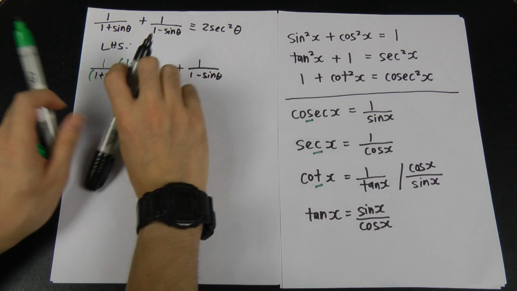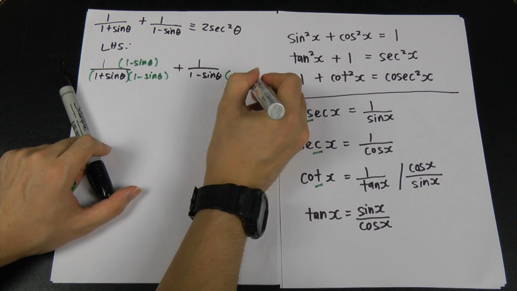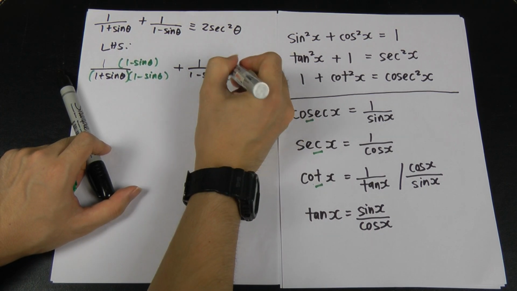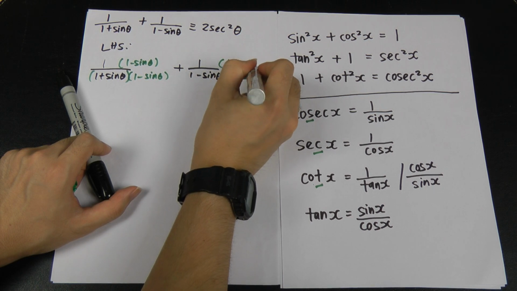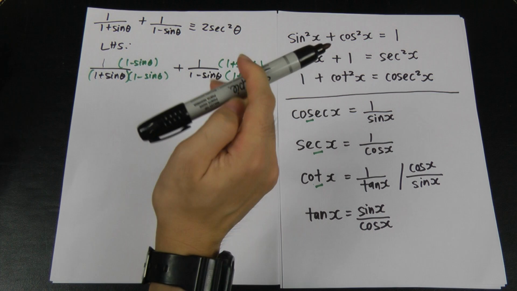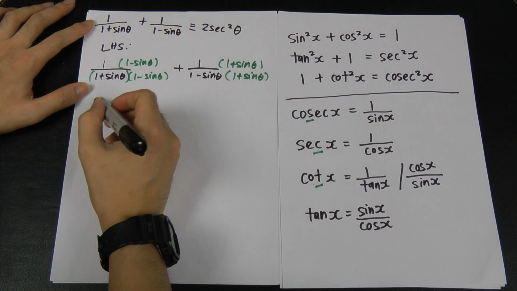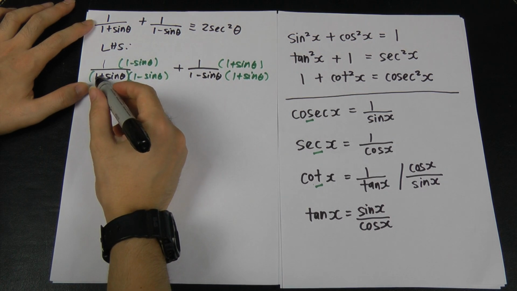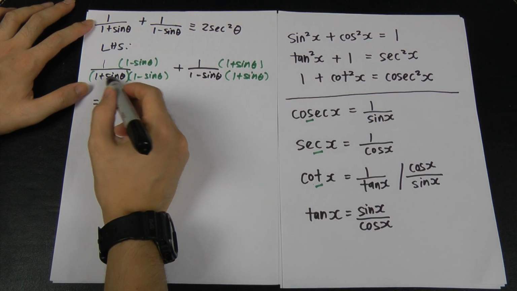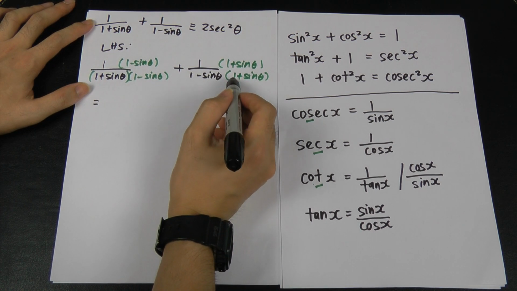In order to make them have the same denominator, I will multiply by 1 plus sine theta. This is something I always do if I see two fractions and the question asks me to add or subtract them. Then you will see a plus b multiplied by a minus b. This is the same thing as a minus b multiplied by a plus b.